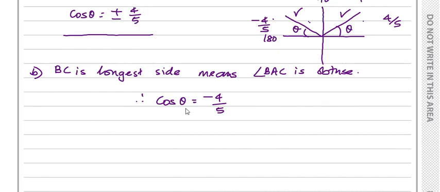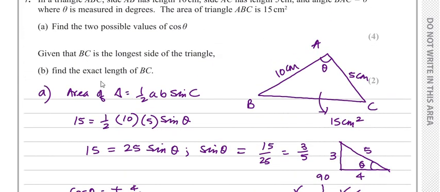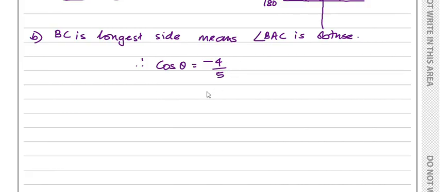And the question is asking you to find the exact length of BC. Since we know cos theta here, we don't need to solve for theta. We just need to use the cosine rule. What's the cosine rule? a square is equal to b square plus c square minus 2bc cos angle A. So let's use that one.